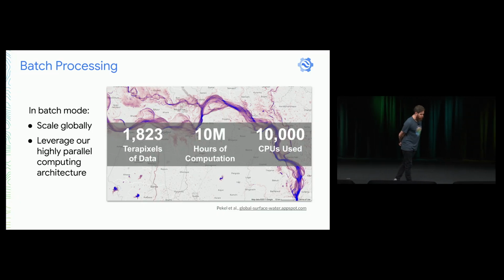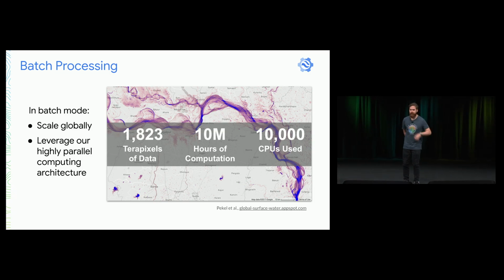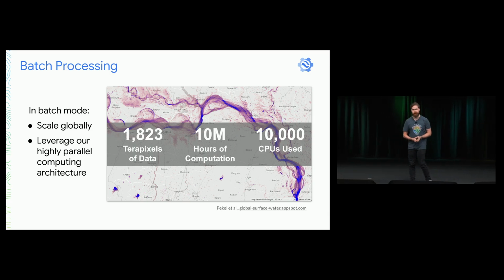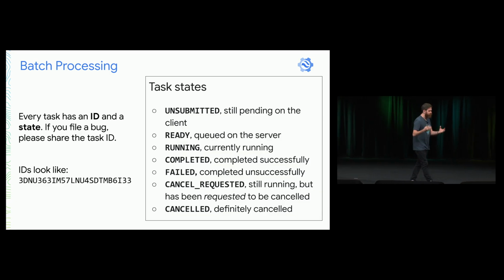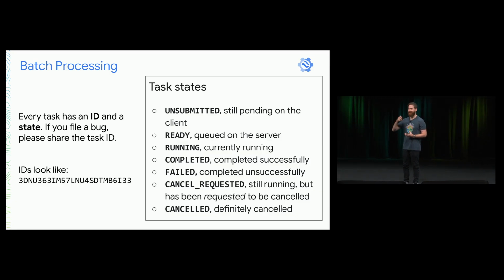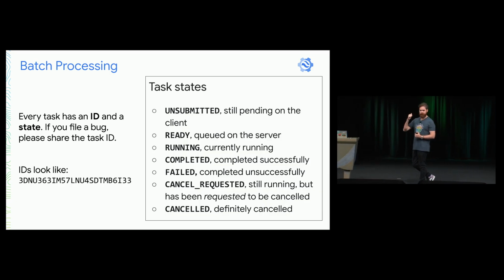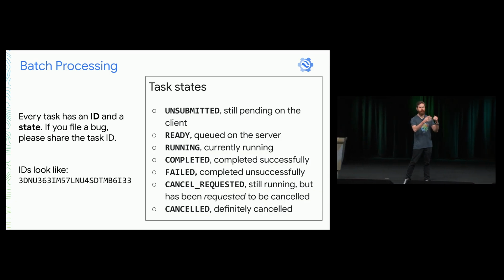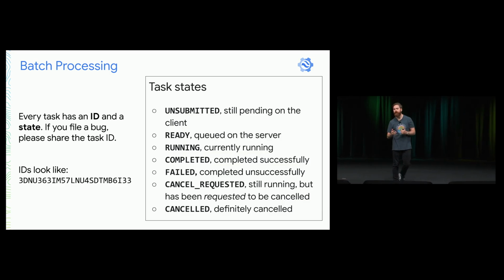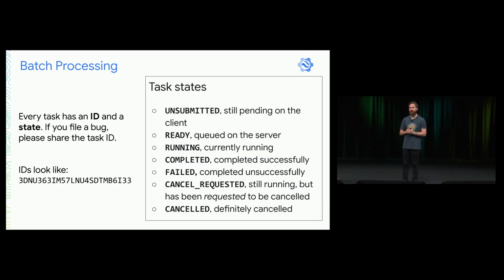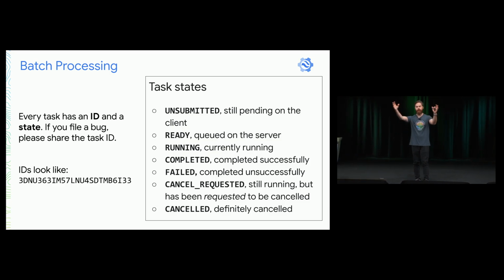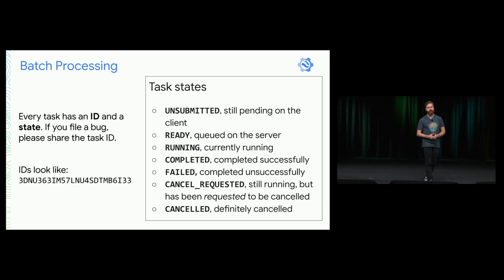I mentioned the process of handing off, describing my request, having it run, and getting the results somewhere else. There is a little more complexity than that. Tasks go through a life cycle of being first unsubmitted. So your client, usually the code editor, is still building that description and firing it off to where it will be broken up, analyzed, and distributed across a lot of machines.